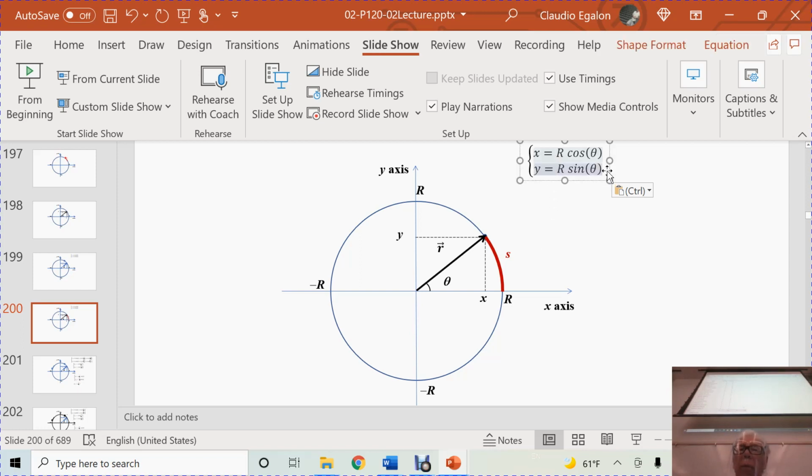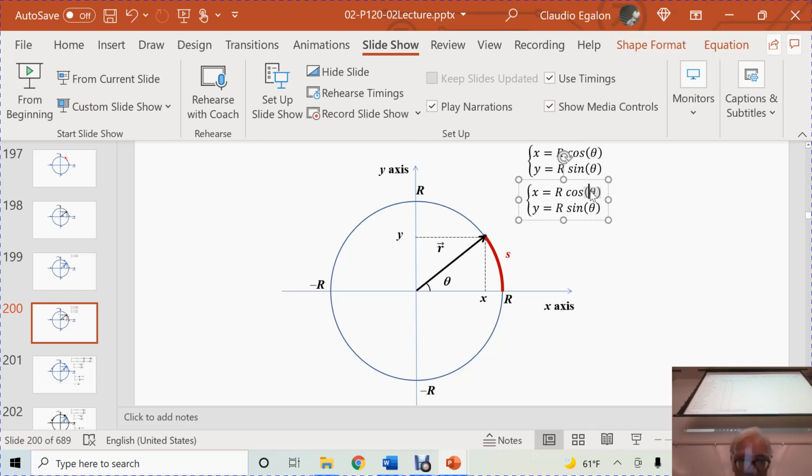Okay? So you should have learned in math that the real definition of angle is not that the angle goes from 0 to 360 degrees. The real definition of angle is that an angle varies from 0 to 2 pi radians.